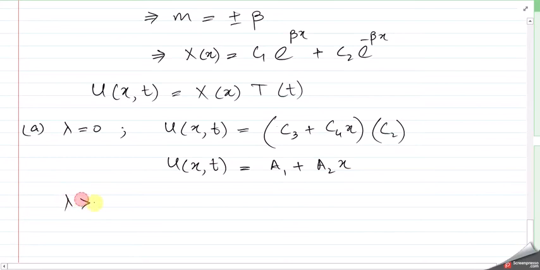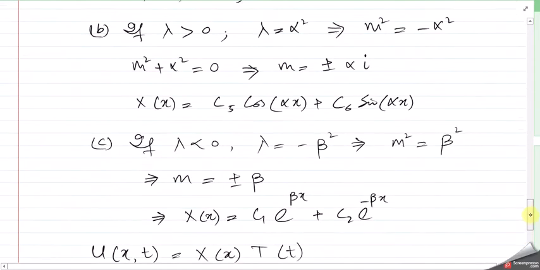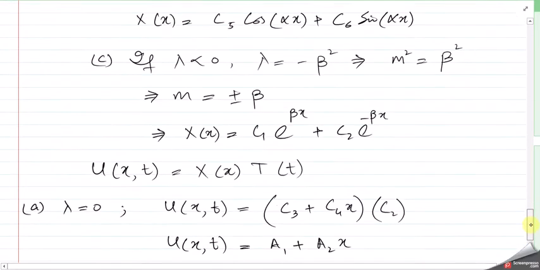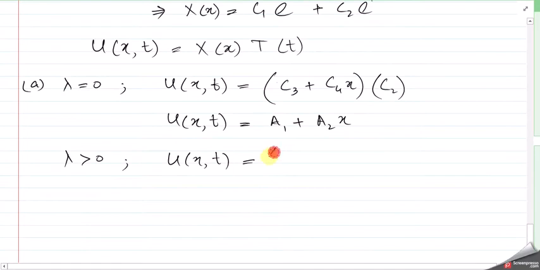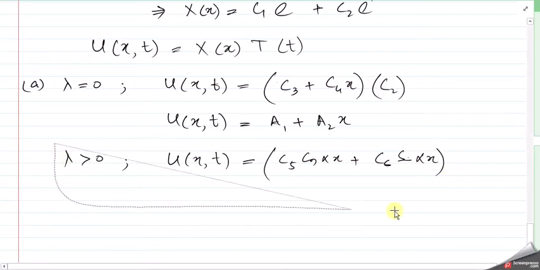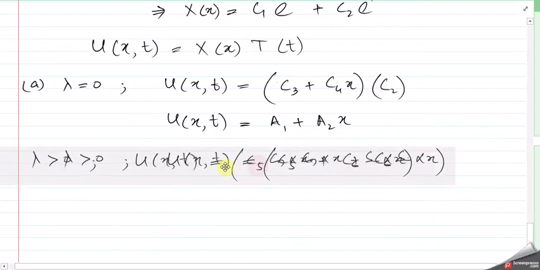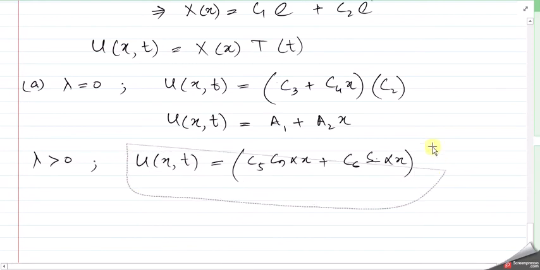What if lambda is greater than 0? What is our solution in this case? From X of x we get c5 cos alpha x plus c6 sin alpha x.